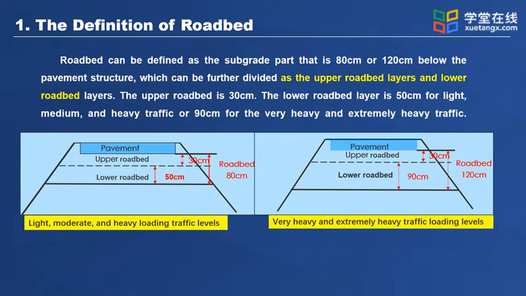For some highways with special axial loads, the working area should be calculated, and the roadbed thickness should be determined based on the working area instead of 80 cm or 120 cm.